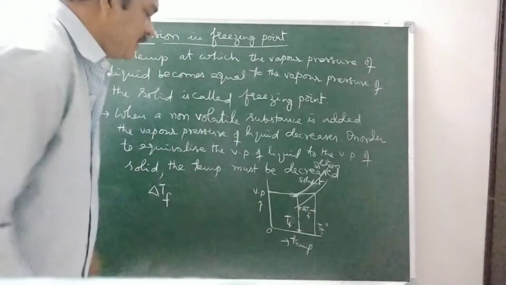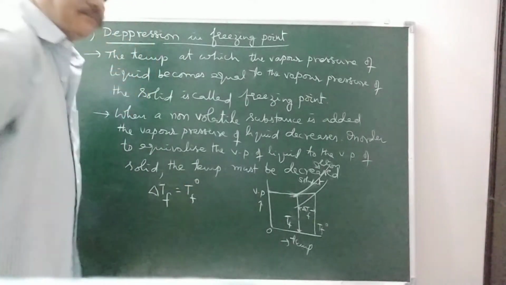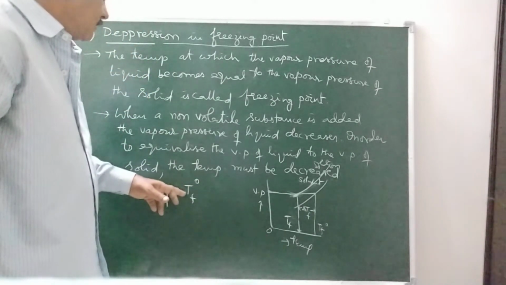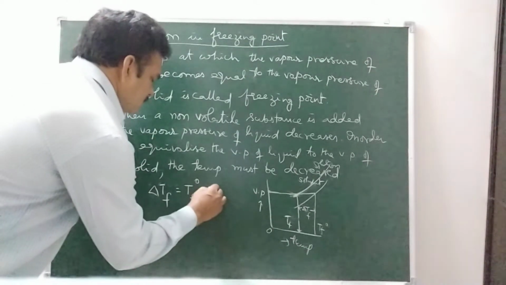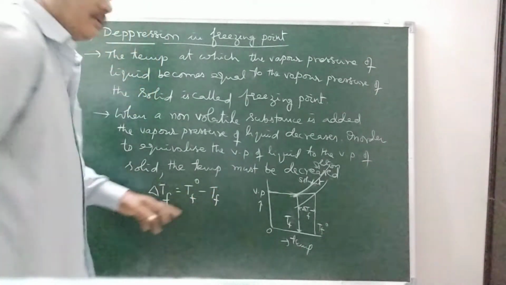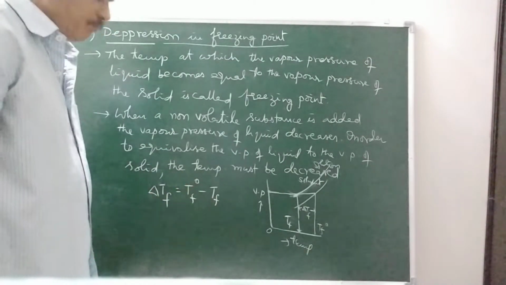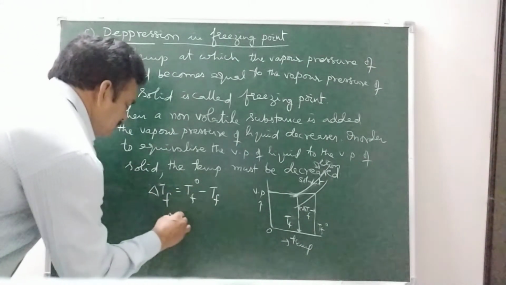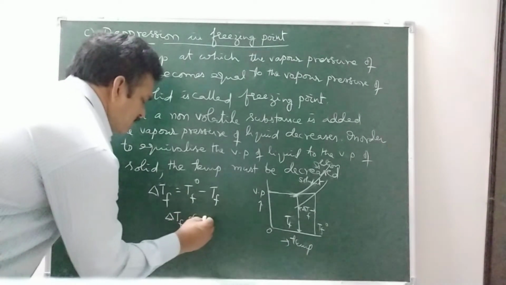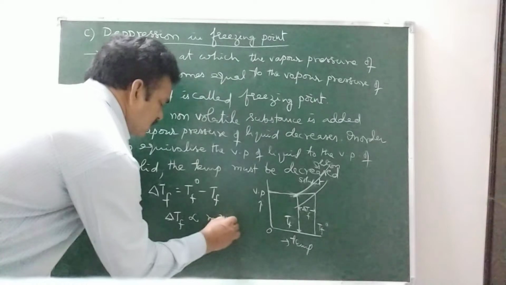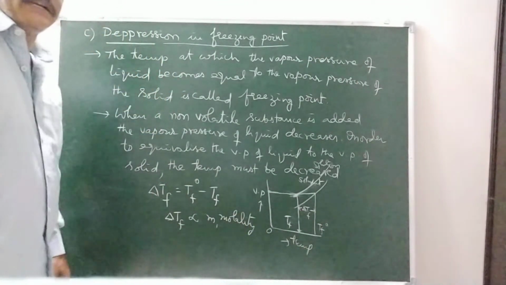So delta Tf is equal to Tf naught, that is the freezing point of the pure solvent, minus Tf, the freezing point of the solution. This depression in freezing point is directly proportional to m, the molality. What is m? It is molality.